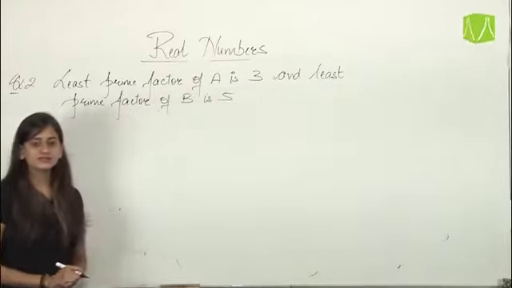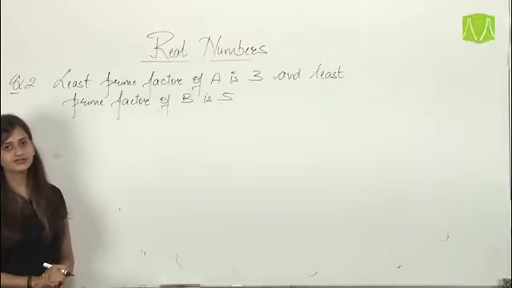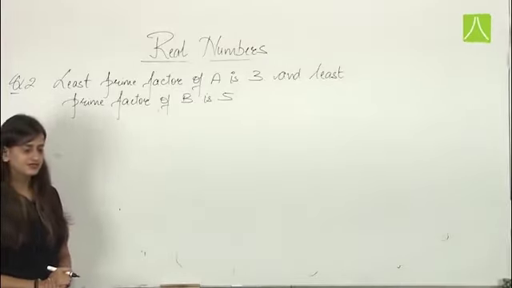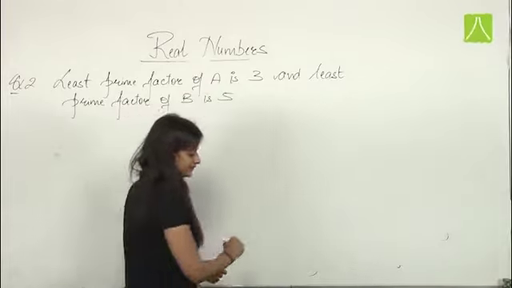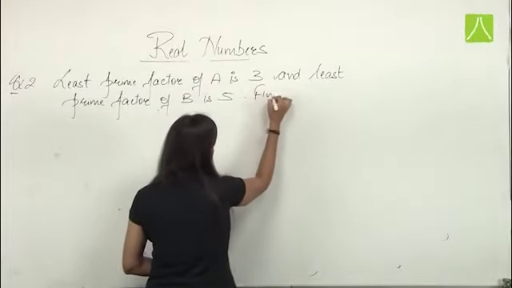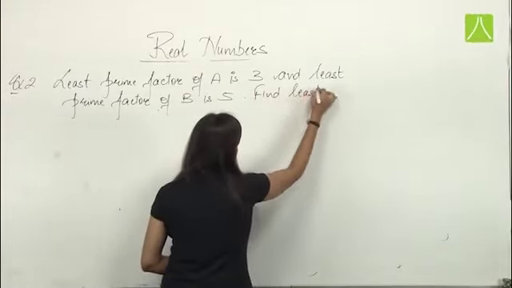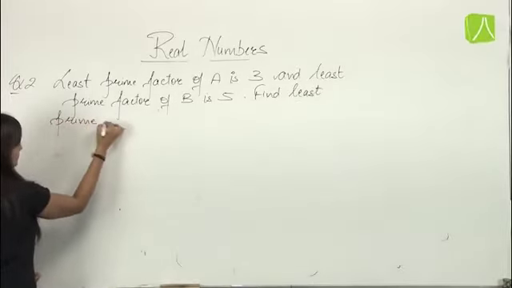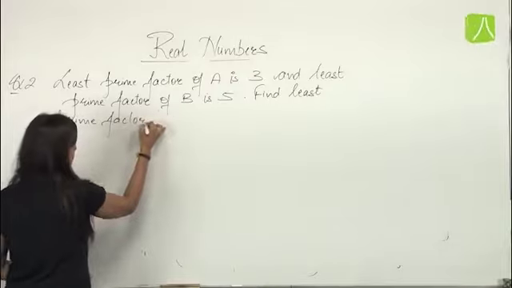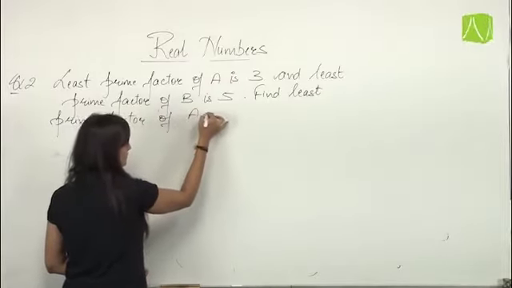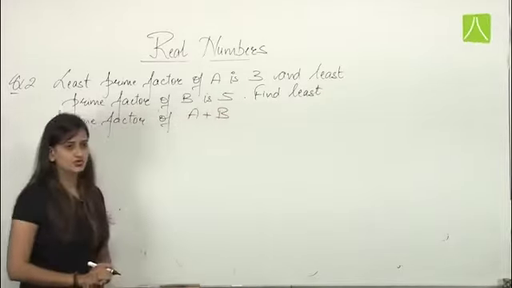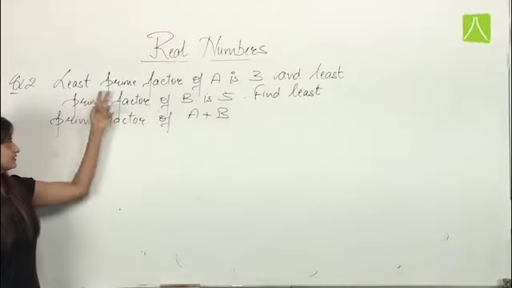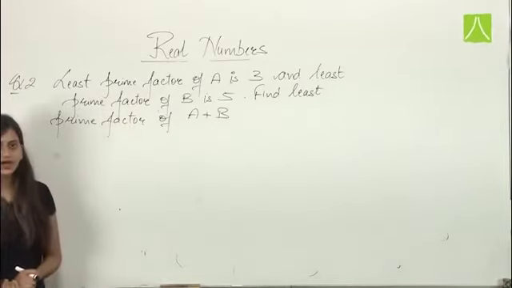We have to find the least prime factor of A plus B. So the question is, we have given the least prime factor of A is 3.